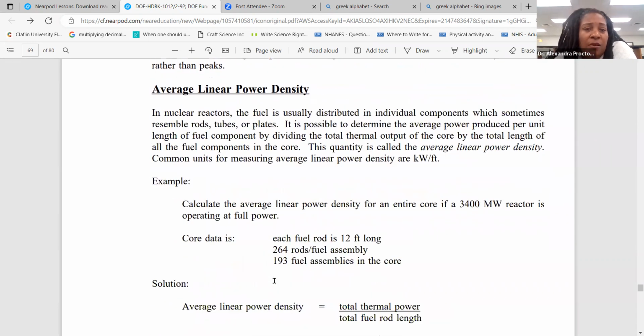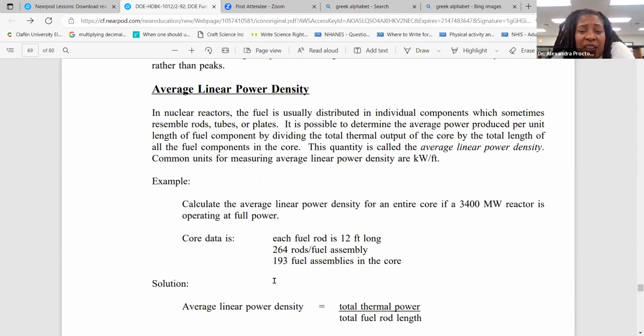Okay, so in nuclear reactors, the fuel is usually distributed in individual components, which sometimes resemble rods, tubes, and plates. And it is possible to determine the average power produced per unit length of fuel component by dividing the total thermal output of the core by the total length of all the fuel components of the core.